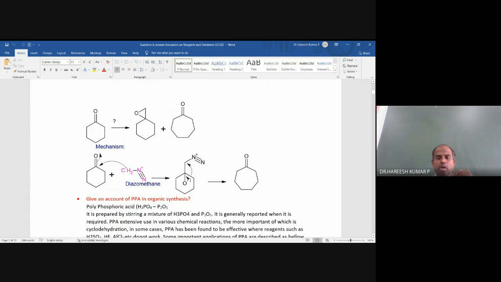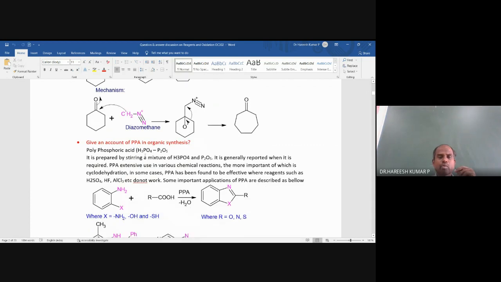So when this bond pair comes back, there will be a movement of this bond pair from this carbon to this carbon, 1,2 migration. So 1,2 migration, and this will go out. N2 is the leaving group, and that is how tropone is obtained. This is also asked nearly 2 or 3 times in the university examination.